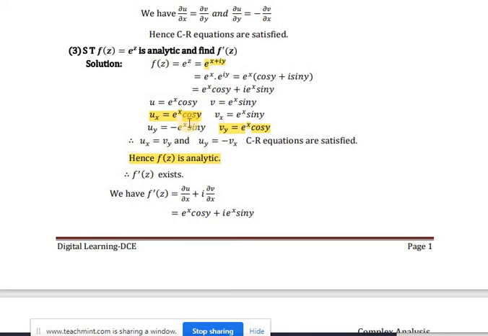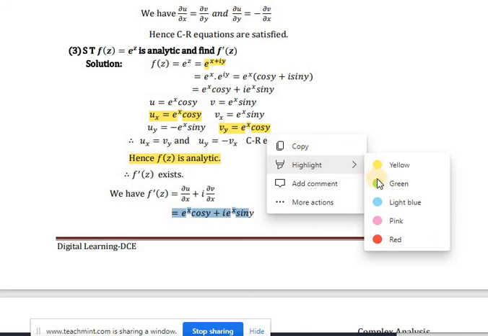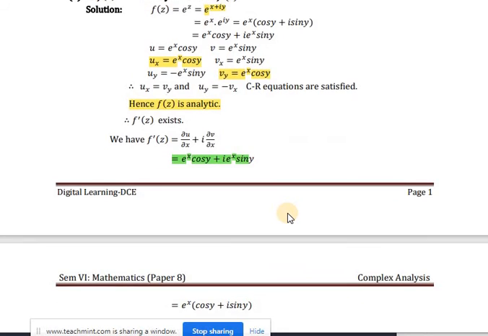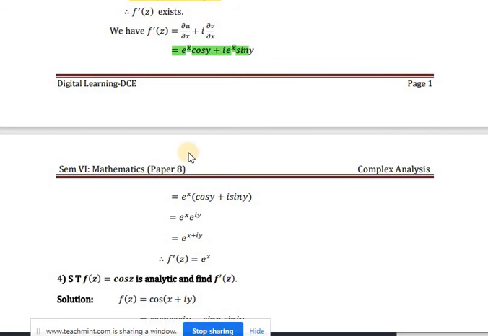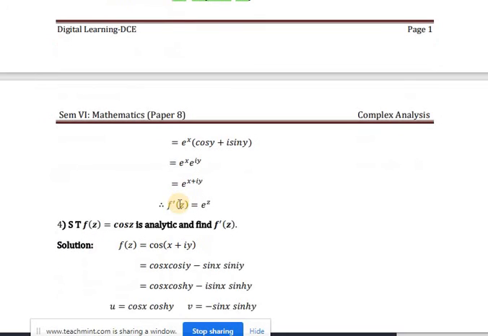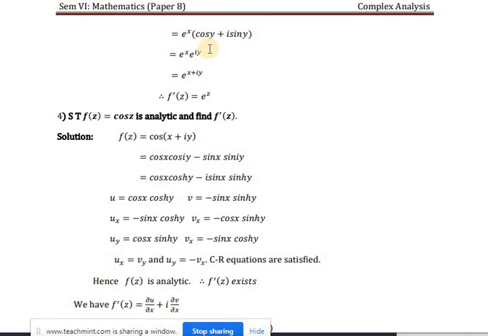Now, from the above equations, we have dou u by dou x is equal to e power of x cos y, and dou v by dou x is equal to e power of x sin y. Substitute those values in this equation. So we get f dash of z is equal to e power of x cos y plus i e power of x sin y. Let us simplify this function. e power of x is a common factor, so take it outside: e power of x into cos y plus i sin y.